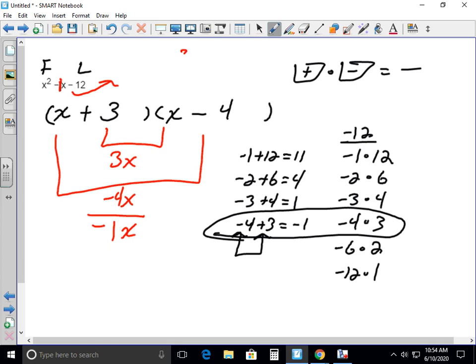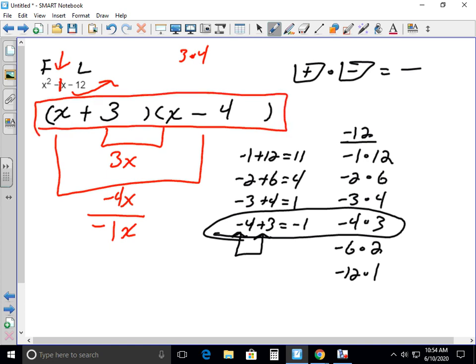So 3 times 4 make 12. 3 and 4 have a difference of 1. That middle term needs to be negative, so our bigger number has to be negative. So the 4 is the negative.